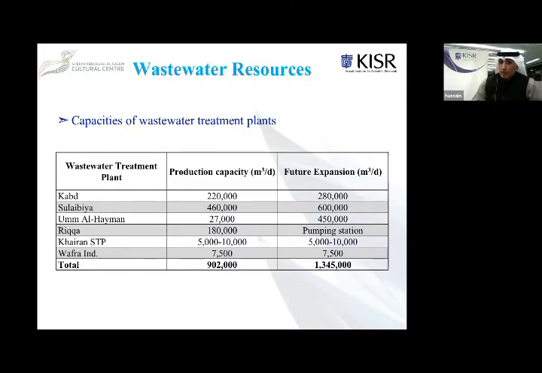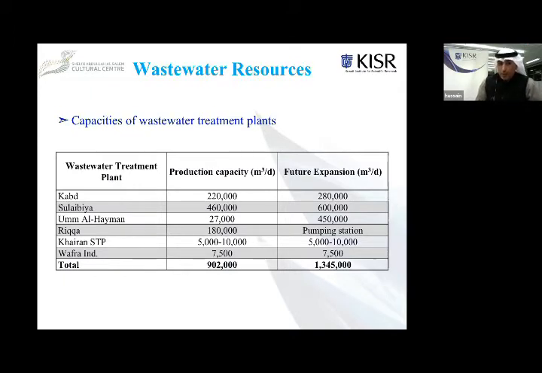Salibia will be expanded from 400,060 to 600,000. Hayban will be expanded from 27,000 to reach 450,000, covering Al Riga, as Al Riga station will be switched to a pumping station in the future, but the current capacity of it is 180,000 cubic meters per day.